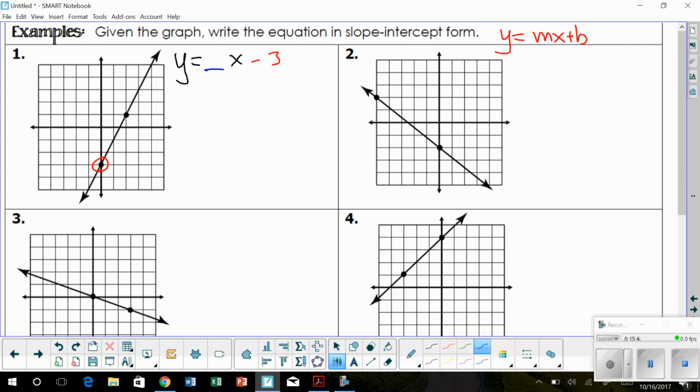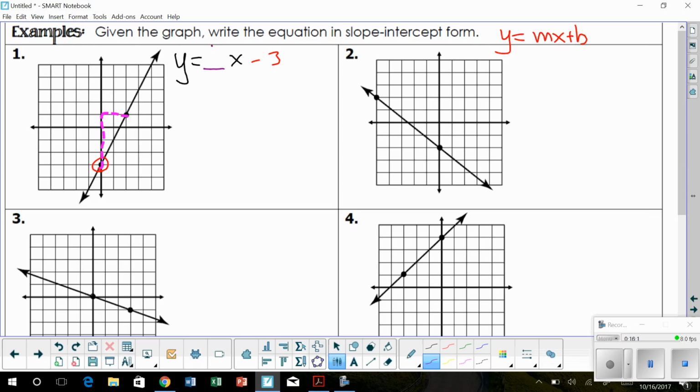So what you're going to do is go from this point up. So 1, 2, 3, 4, and then over 2. So it's up 4 and over 2.